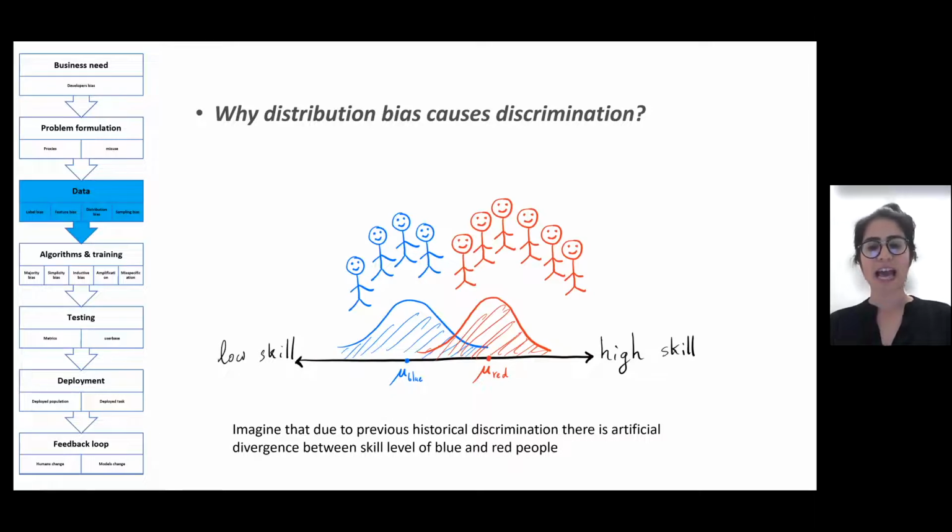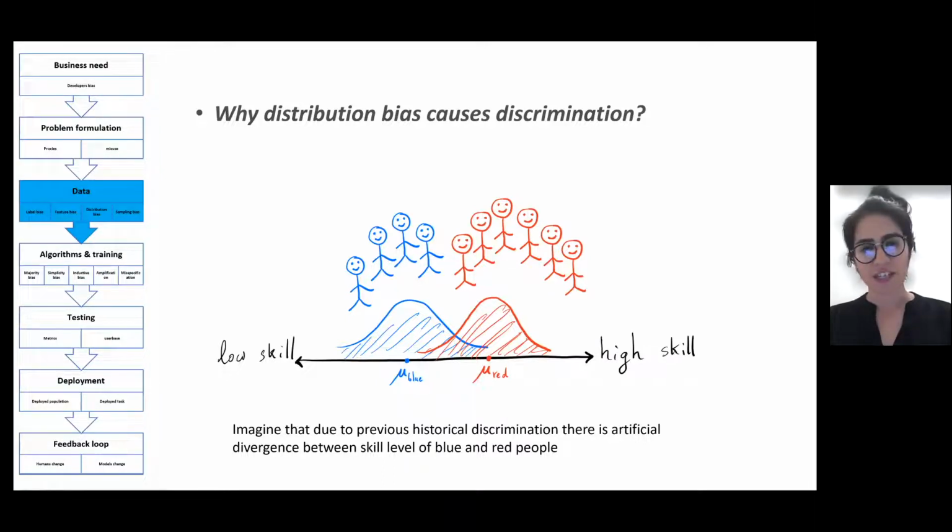Let's assume that we actually have two groups, blue people and red people. Imagine that due to previous historical discrimination, there is an artificial divergence between the skill level of blue and red people. As we discussed, the company wants to hire these people, and it takes an exam.